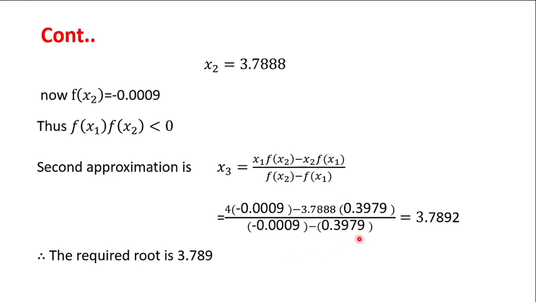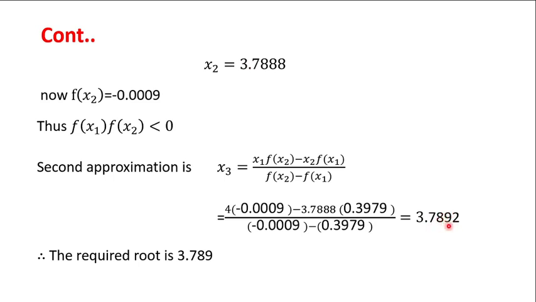Find out the value in the calculator. We get 3.7892. Comparing this x3 value with the previous x2 value, up to 2 decimals we have the same values, 3.78, here also 3.78.